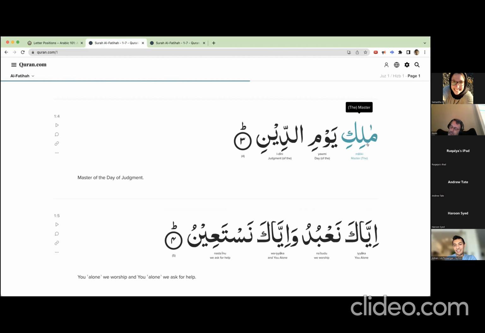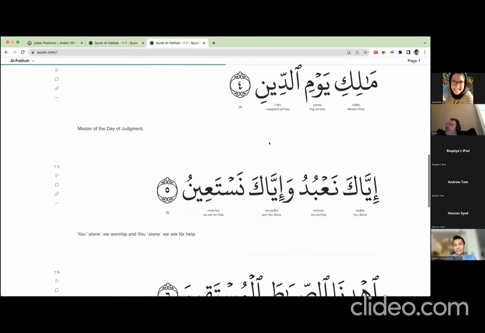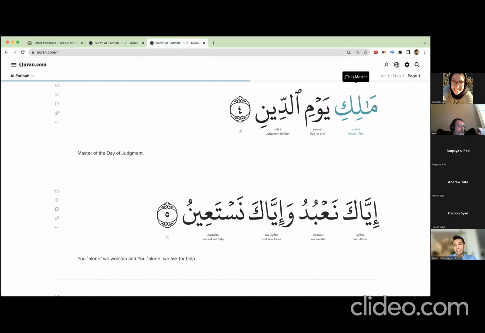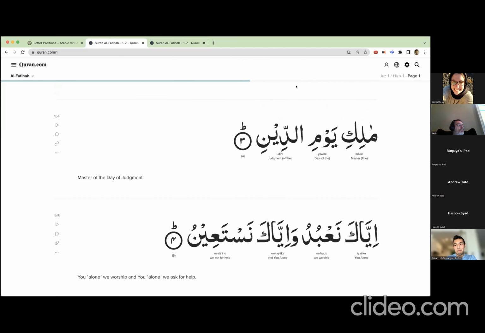Maliki means owner or controller, right? If you see that in here, you have that redundancy. The meem with the line and the aleph after it. Maliki.